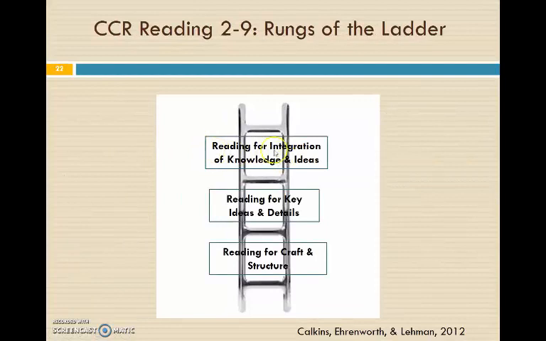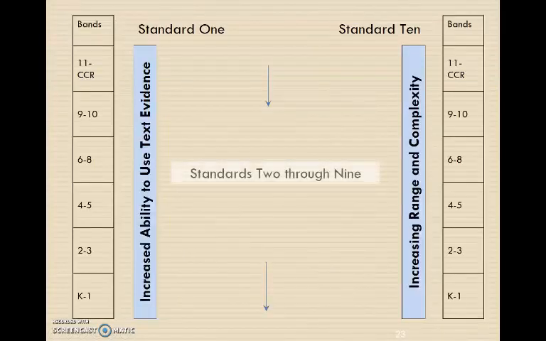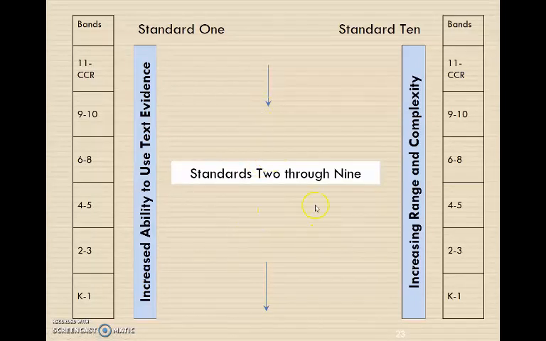Then we call the rungs of the ladder standards 2 through 9. And here are just the headings of those, or the domains. So as you're looking at the Common Core State Standards, what they suggest you do is anytime you are working on standards 2 through 9, you also are working on standard 1 and 10, or you should be.